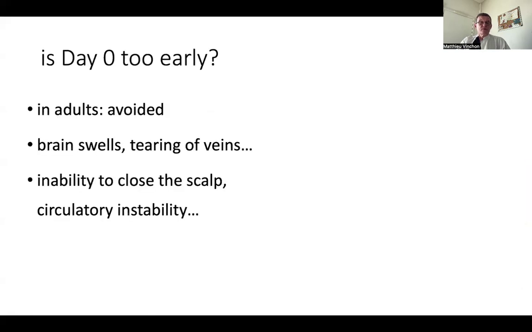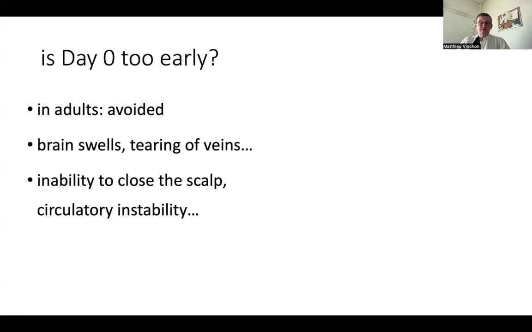So then we have to think about very early craniotomy. As I showed, several of our children were operated on day 0 of admission. And we know that in adults, surgery is avoided on day 0 because the brain swells, there is a tearing of the draining veins, and it may be impossible to close the scalp if the brain is bulging too much.